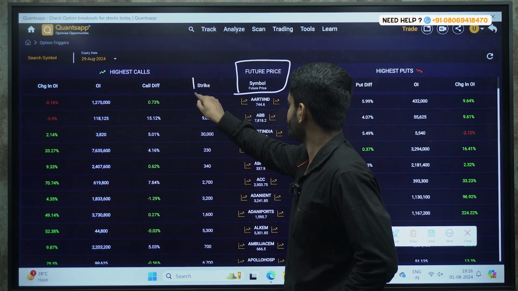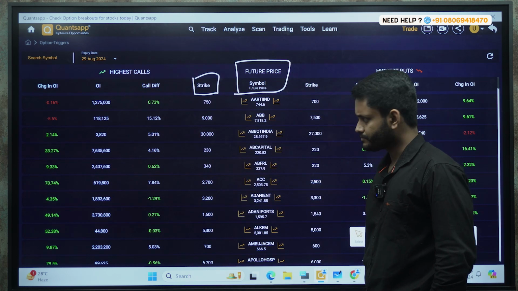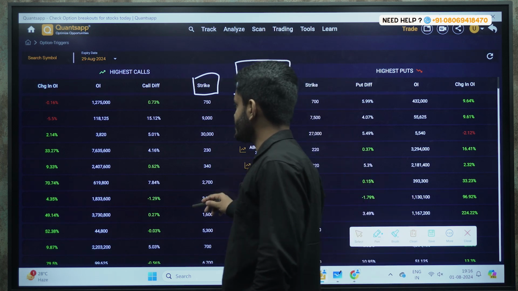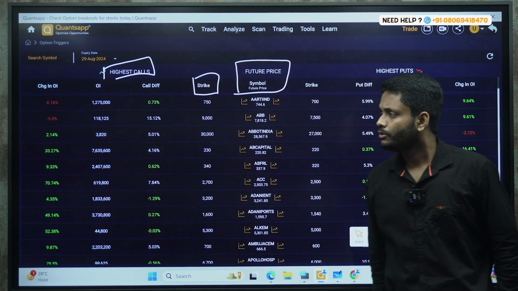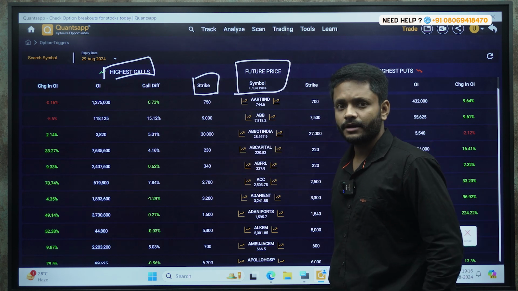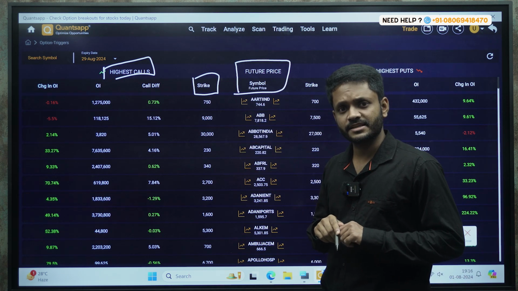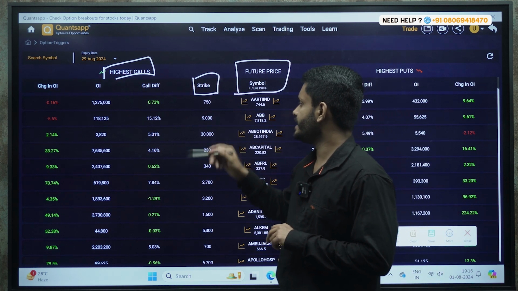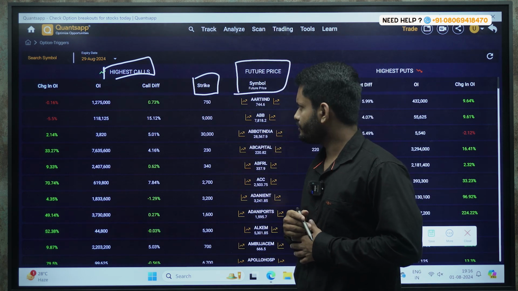Now on the left hand side, there is strike. The strike on the left is on the highest calls side. It denotes the resistance. For example, for Aarti Industries, the resistance is 750, or you can say call writers are active at the 750 level.